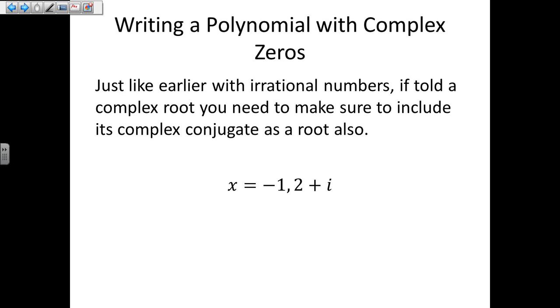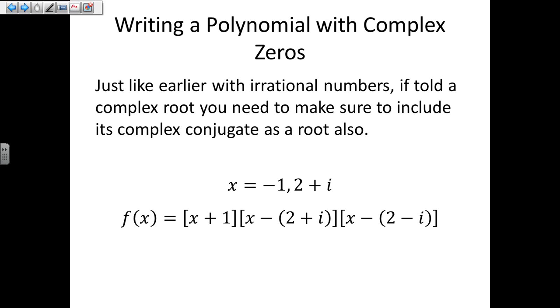So if they tell us negative 1 and 2 plus i are 2 roots of a polynomial, we need to add 2 minus i as another root. So I create my factors, x plus 1, x minus 2 plus i, and x minus 2 minus i. Again, I need to know to add this complex conjugate as a root and create its factor.